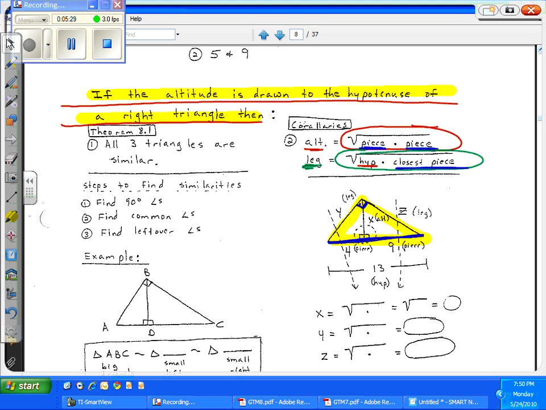So here's the hypotenuse. An altitude is from a vertex perpendicular to the line that contains the opposite side. So in red there we have the altitude drawn to the hypotenuse of a right triangle.